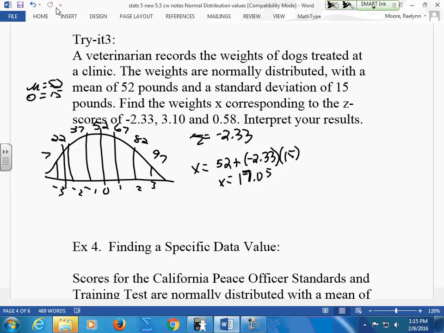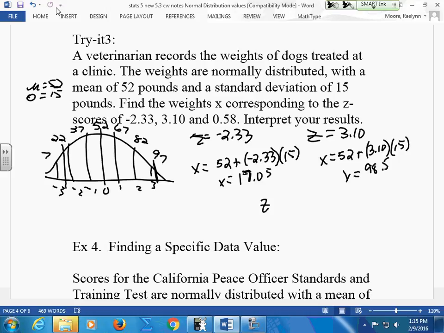So when my z-score is 3.10, 3.10 is a little bit more than 97, right? So I say x is equal to 52 plus 3.10 times 15, and what's my x value? 98.5? 98.5.